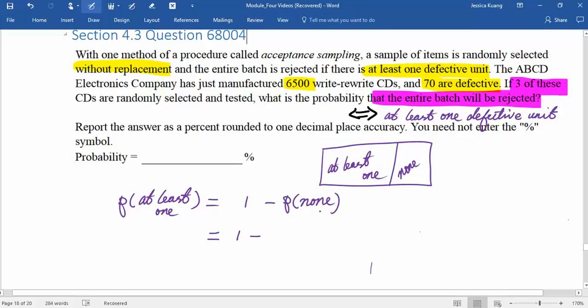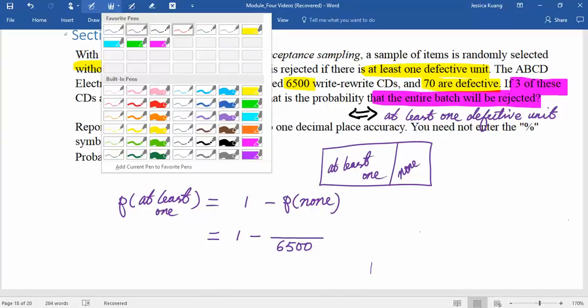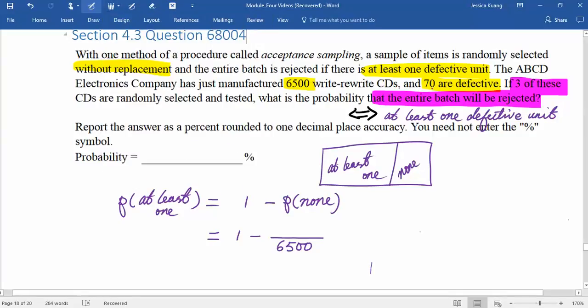So the probability that none of the 3 CDs we choose are defective equals: when we choose the first one, we have 6,500 CDs to choose from, and I'm going to do a little bit of calculation at the side. I know out of the 6,500 CDs, 70 of them are defective.